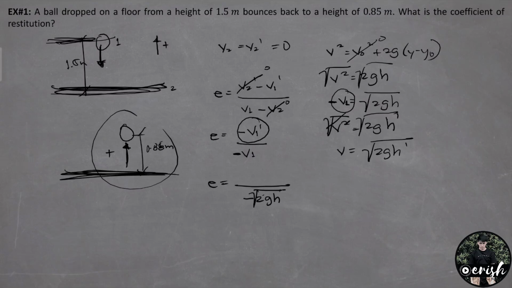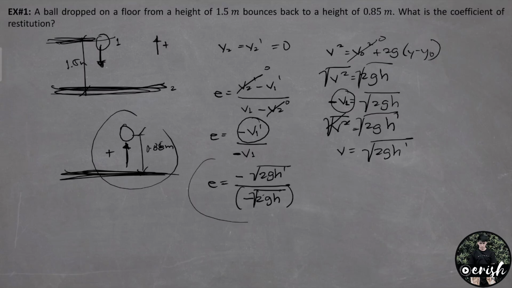So yan na mismong ilalagay natin: negative square root of 2 times gravity times height prime. Yung negative sa baba, ulitin ko lang, kaya siya negative kasi downward yung motion before the collision.